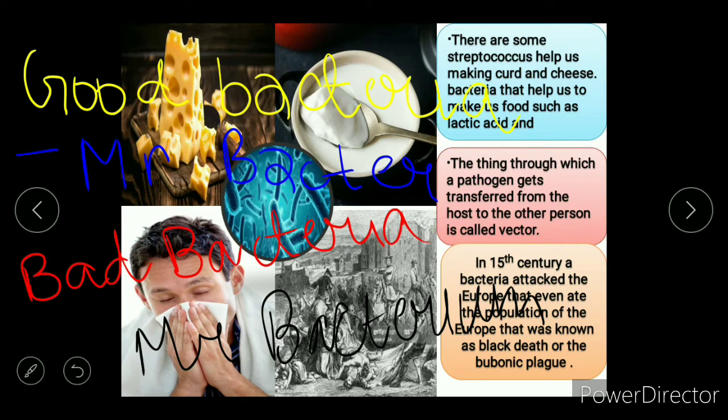Many of the mice got affected by a disease called bubonic plague, and the vector was basically a flea that took the blood of the mice, got infected, and then bit a person, and that person got Black Death. Black Death was a terrible thing that ended half the population of Europe.